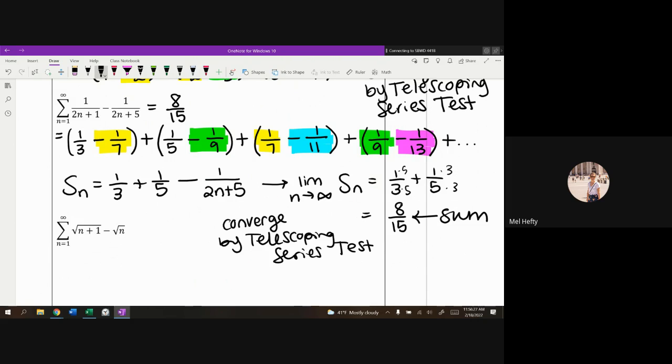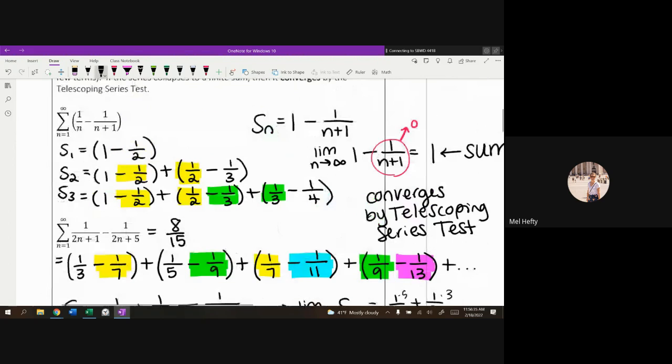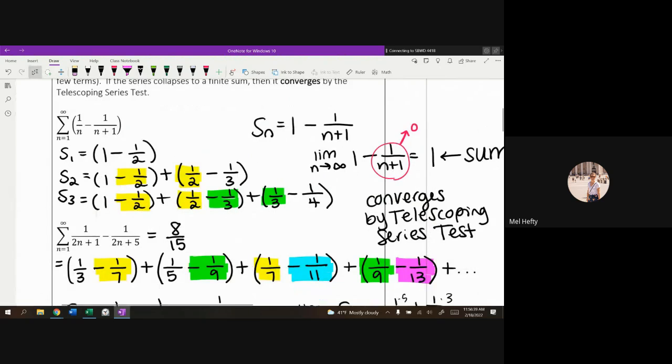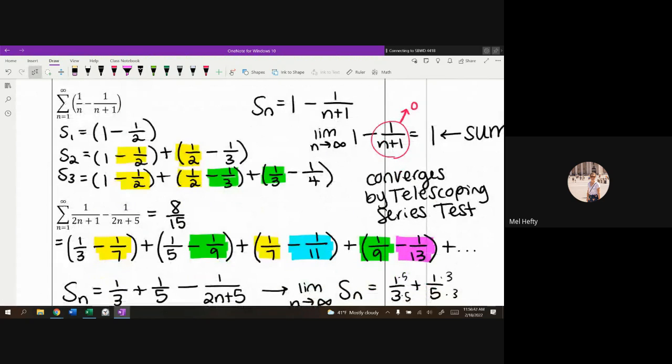Think of, James was making the Seafarer telescope. Think of that thing and you can collapse it. They often call this behavior where all of these terms collapse into one or a couple of terms. I think that's why they name it that, where it's like. It's because you're looking to the future for the end. That's fair. You could also think of it there. So I'm not really sure why they call it that.